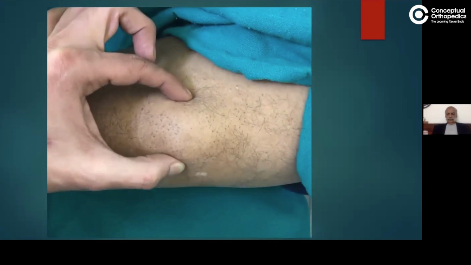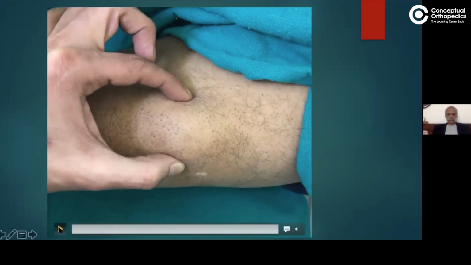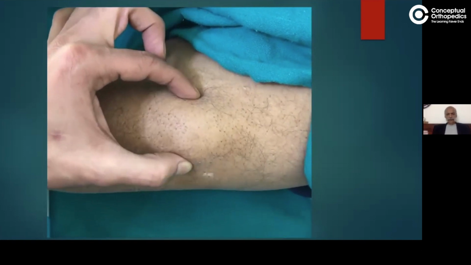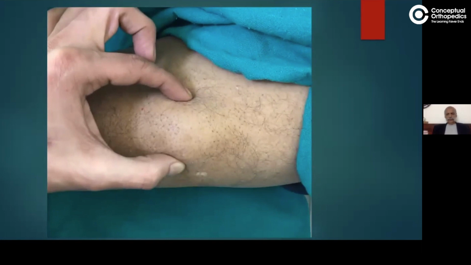Dr. Mukil, what is your impression? Look at it again. Is the swelling itself mobile? Because the pinch test was positive. You could pinch the skin, so the skin over the swelling was mobile, and now we are testing for mobility of the swelling in relationship to the deeper structures.